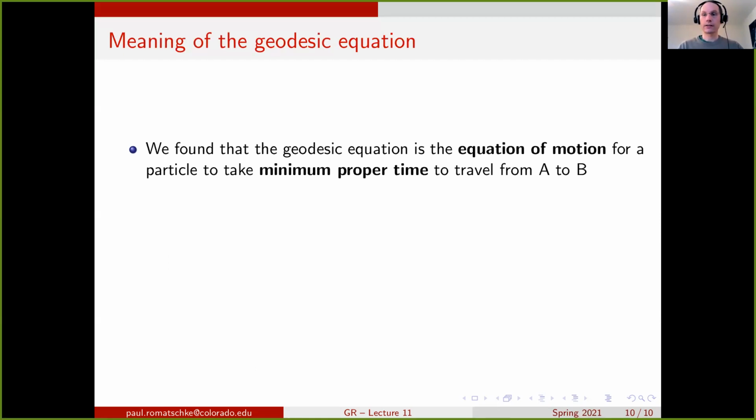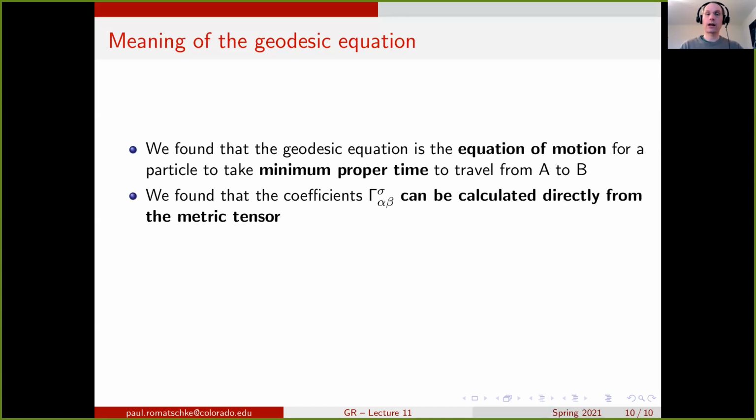So let's now answer the two questions that we started posing ourselves at the beginning of this lecture. What does the geodesic equation mean? Well, by deriving it in a different form in this lecture, we found that we get the geodesic equation as the equation of motion of a particle if that particle takes minimum time to travel from A to B. So it is, if you want, the shortest path between two points.